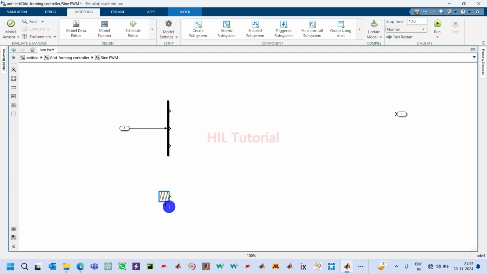So this is called the carrier signal, and this one the reference signal. In PWM, as you have studied in books, we are comparing the reference or modulating signal with the carrier signal, then it will generate some pulse.